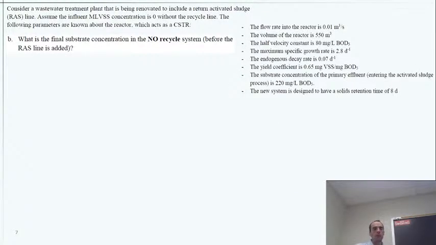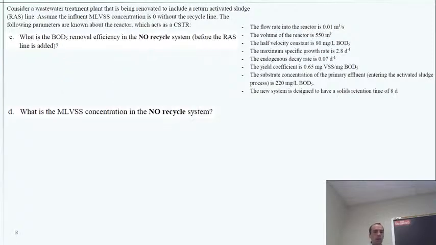Okay, so then part B says, what is the final substrate concentration in the no recycle system? So it's looking for S. This calls back to the example we solved last time, where we did a mass balance on X, and we ended up with a formula for that. So I'm going to leave that to you to practice on your own if you wish. Part C, again, just like that prior problem, is looking for the efficiency of BOD removal.